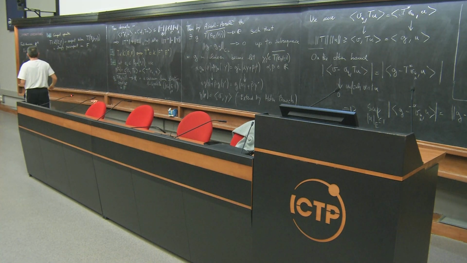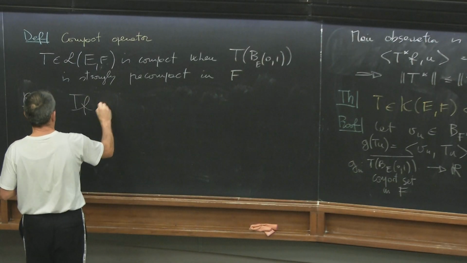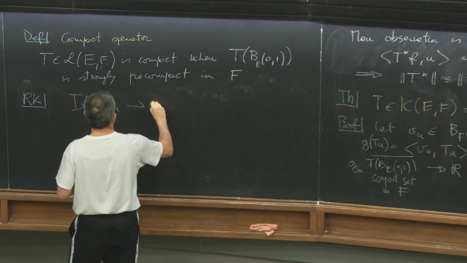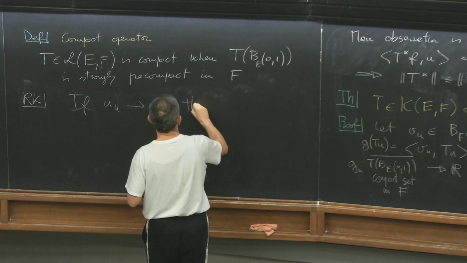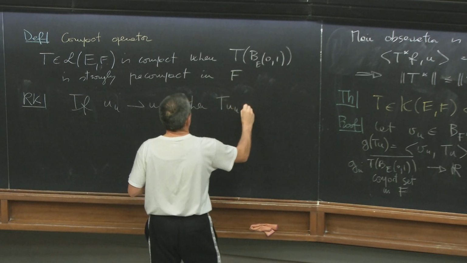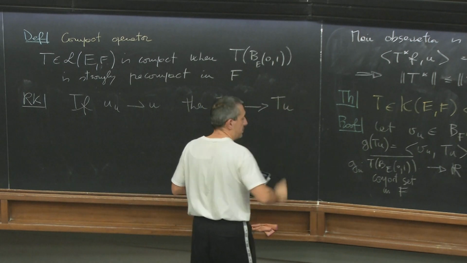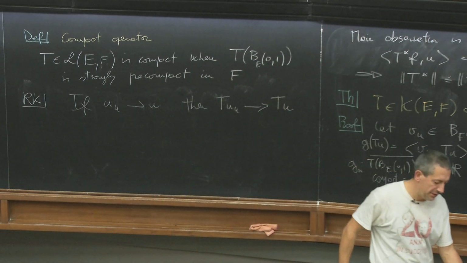A remark: if u_n weakly converges to u, then T u_n strongly converges to T u, if T is compact.